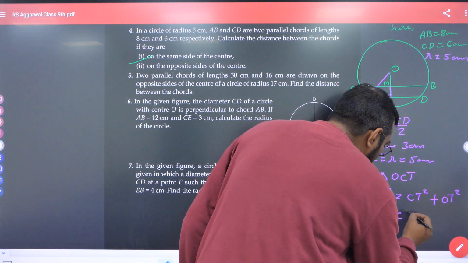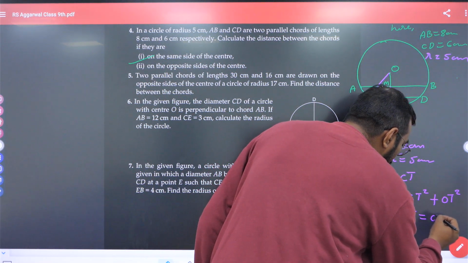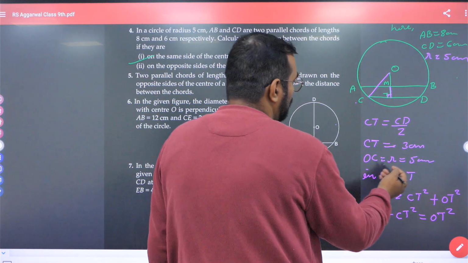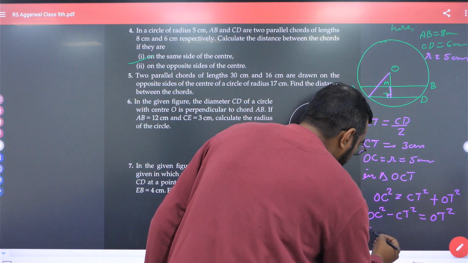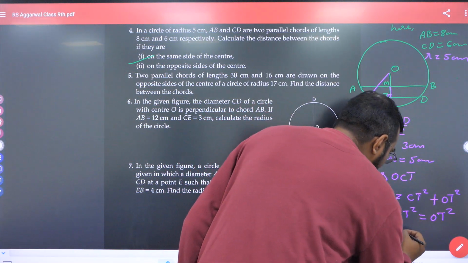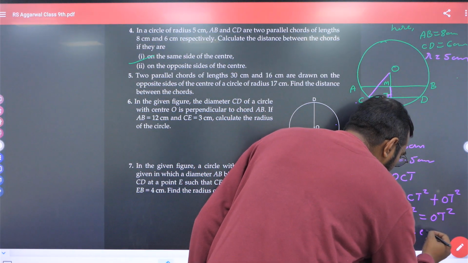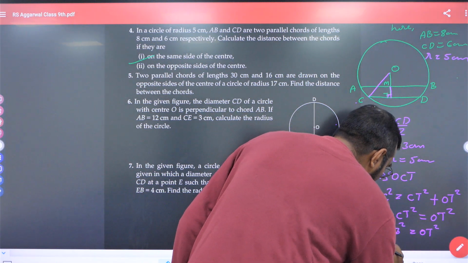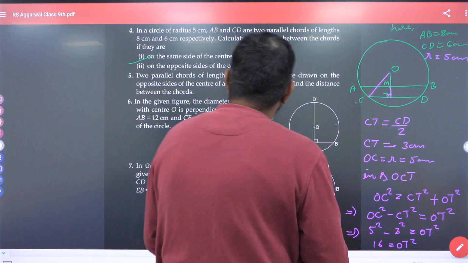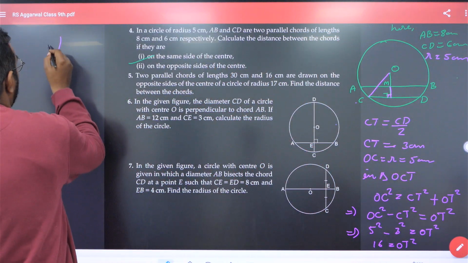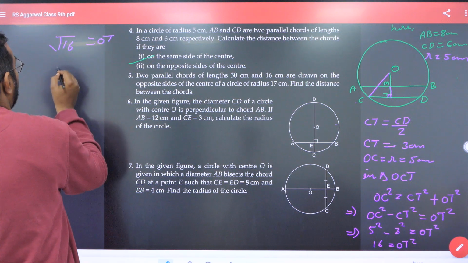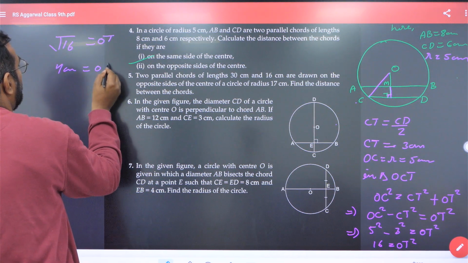OC square minus CT square equals OT square. OC is 5 square minus CT is 3 square is equal to OT square. That will be equal to 16 is equal to OT square, right? And then under root 16 equals OT. Then it's 4 centimeter is equal to OT.